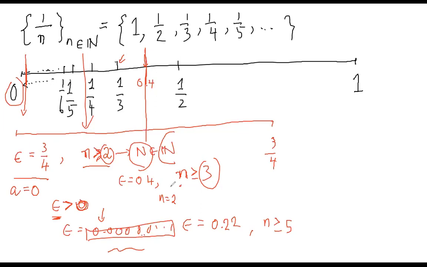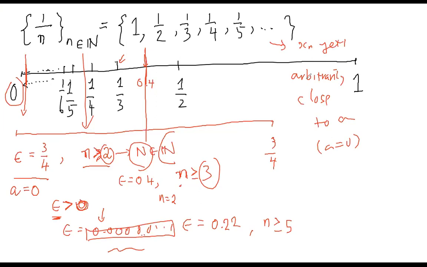Okay, so basically, if we say convergence, you are saying that the xn gets arbitrarily close to A, which equals 0 in this case. They just get arbitrarily close to A. Okay.